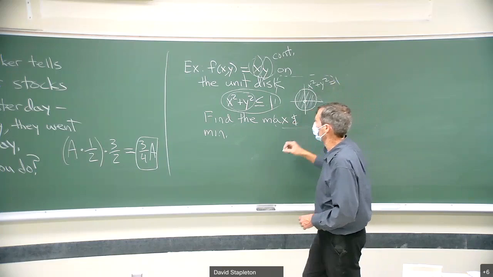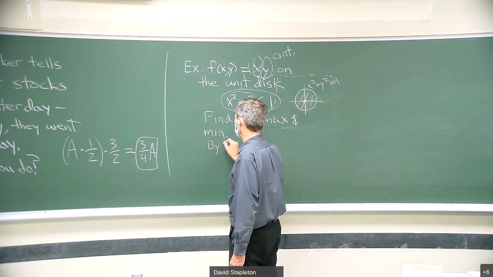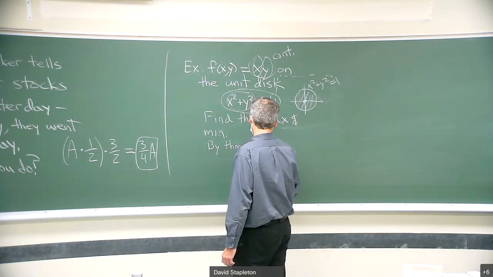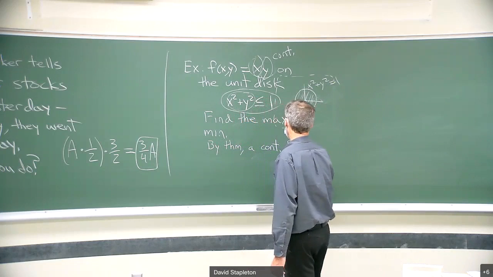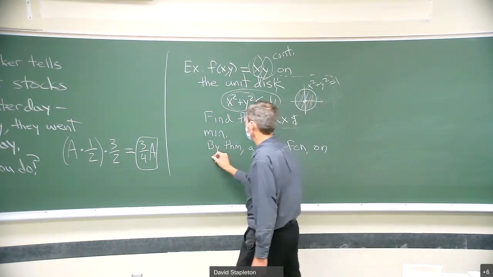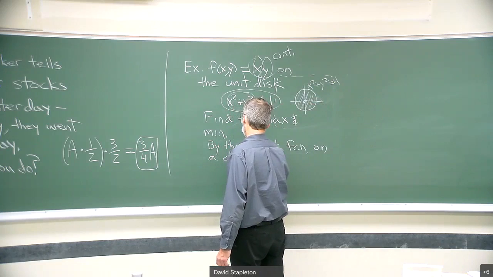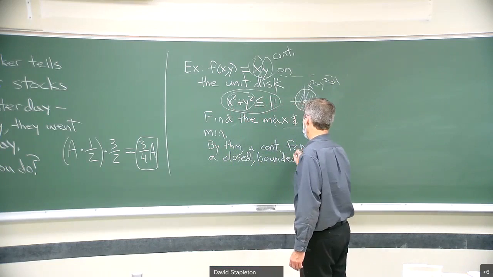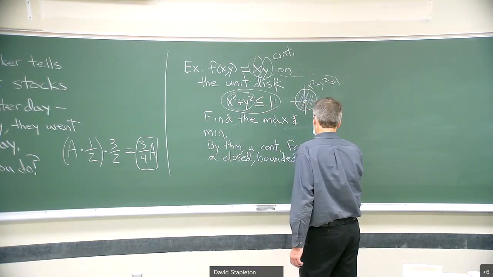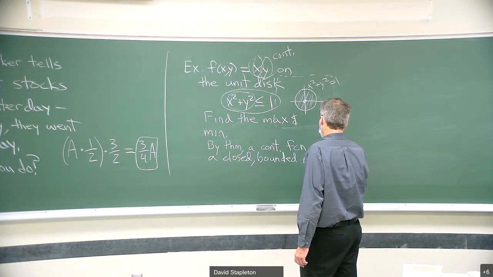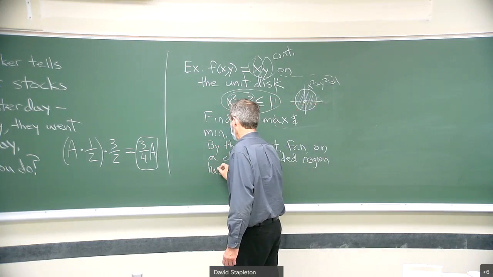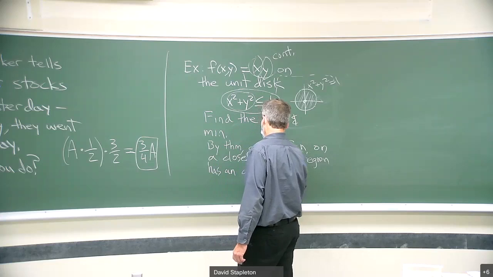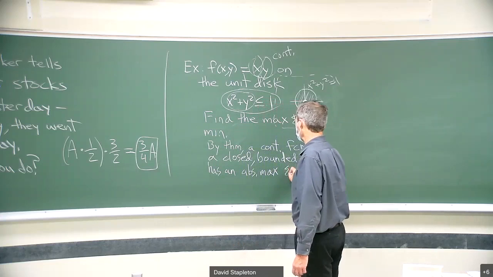And we have a theorem, a continuous function on a closed bounded region has an absolute max and min. This is what we're talking about here. So we're off to a good start.